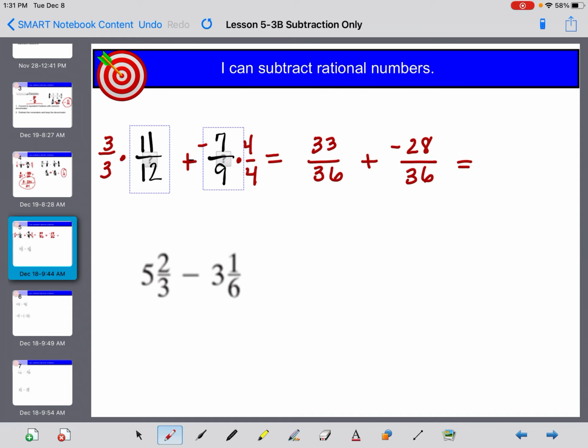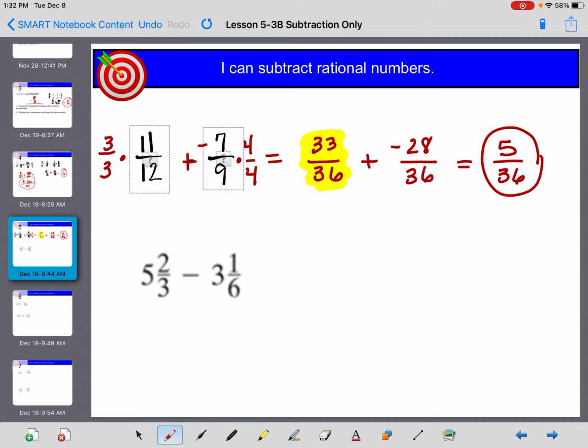Now I'm ready to solve. 33 plus -28, or 33 minus 28, is 5. And then I keep the denominator the same. My answer is positive because the number with the largest absolute value, 33/36, is positive.